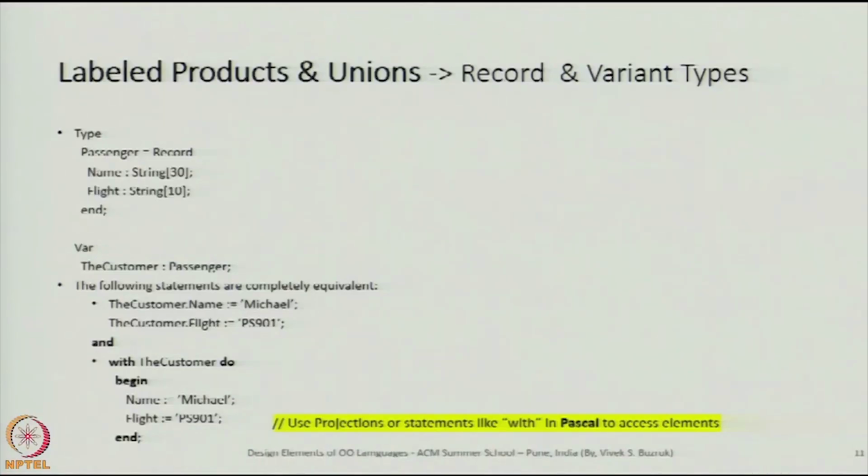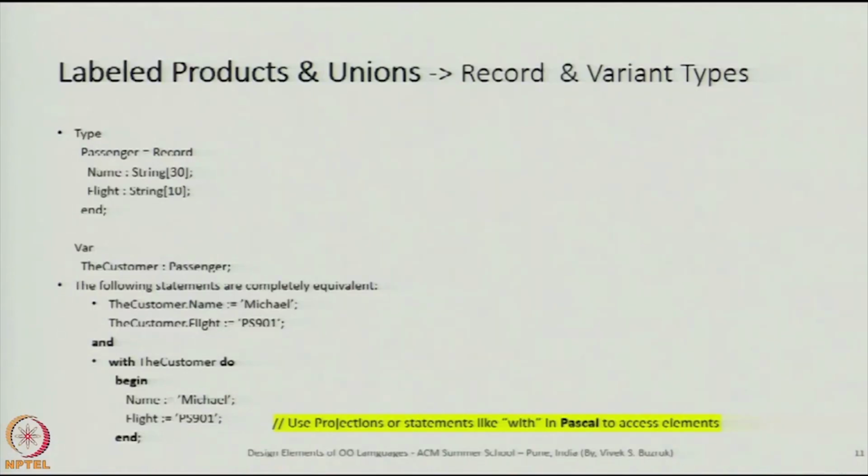For example, Pascal allows you to say with the customer, okay, the customer is of this particular passenger type, right. And what we are saying here is that you can either use it this way, or you can use it with the customer, and then this part, got it.